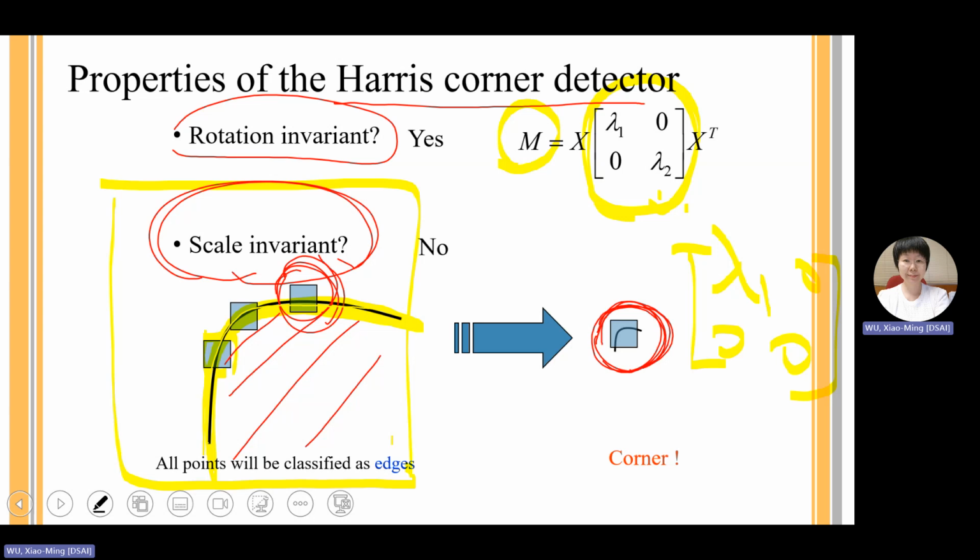Well, simply put, if we want to capture small corners, you should use a small window. And if you want to identify large corners, you should apply a large window. So you should apply a proper size of window to capture corners of varying sizes.